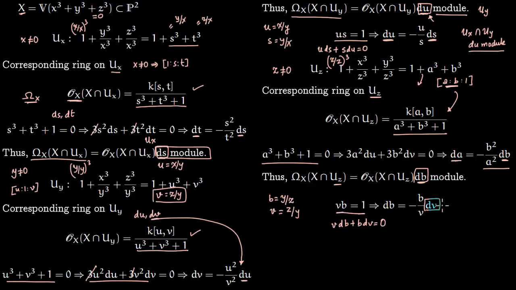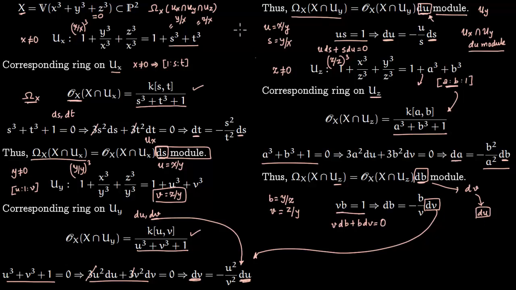But dv itself is in terms of du. So you can say that db you can write in terms of dv, and dv you can further write in terms of du. So you just have a one dimensional space. So this Omega_X on the intersection of U_x, U_y and U_z is just a one dimensional space, and it is generated by du. So this is one dimensional.